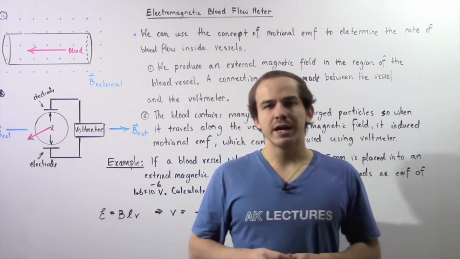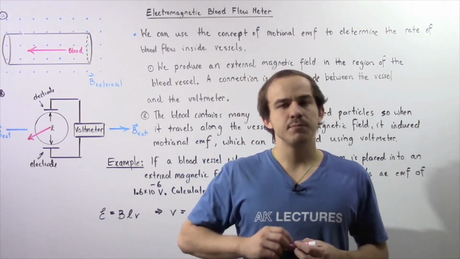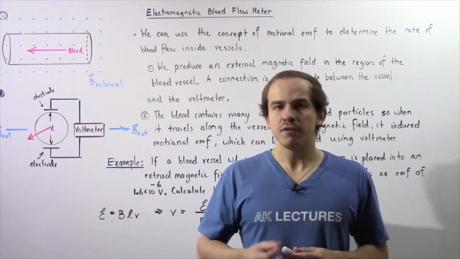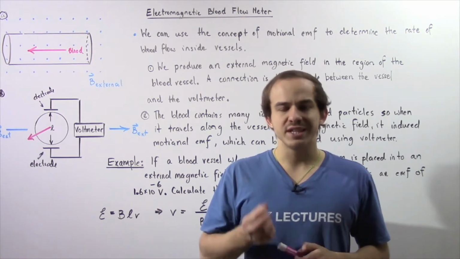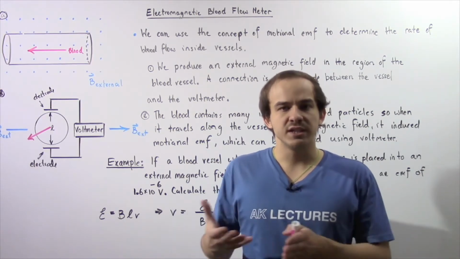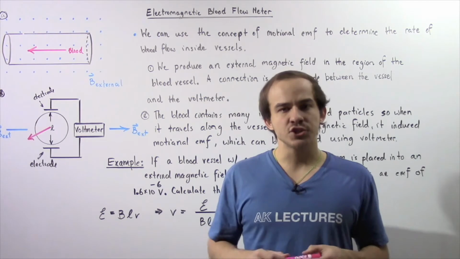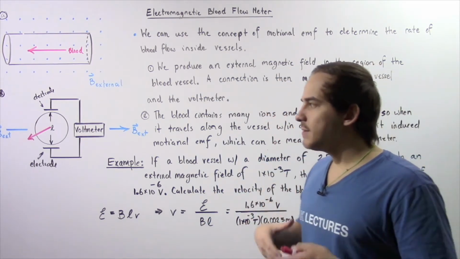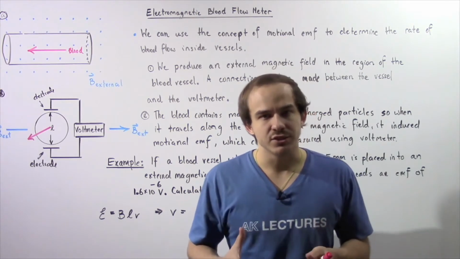In the past several lectures, we discussed the concept known as motional EMF, which is essentially the voltage difference induced inside a conducting wire as a result of a moving conductor within an external magnetic field. So this concept can be applied in medicine.